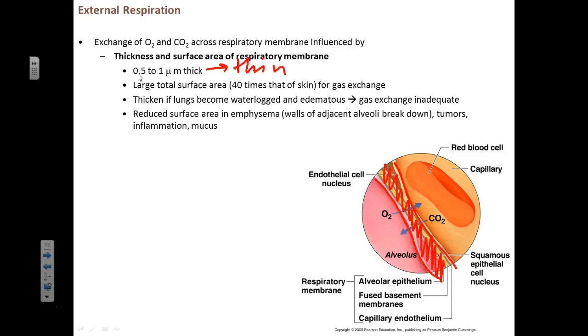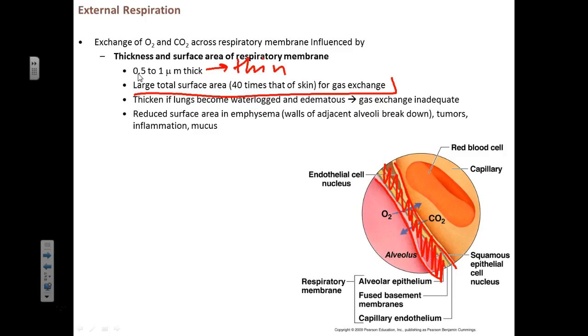It is thin, so it has a huge surface area, because if you look at that model of alveoli right there, they're all spheres. It's like a lot of tiny little bubbles, right?